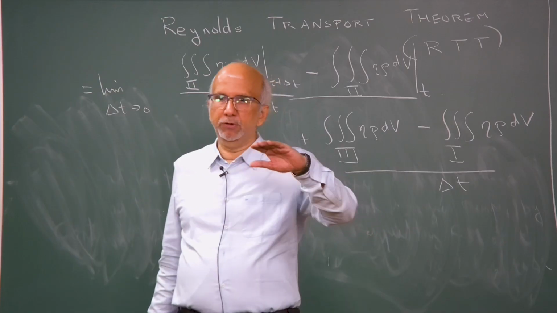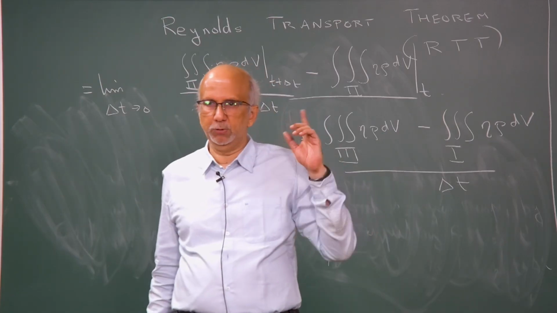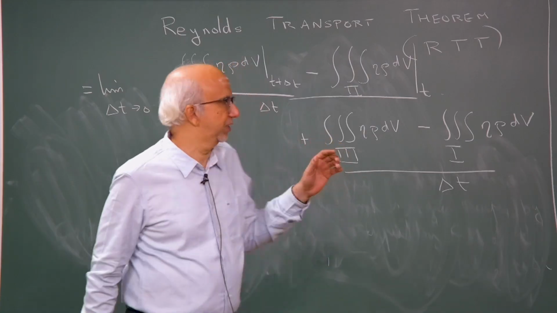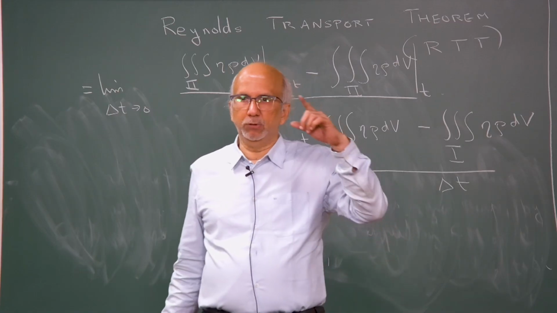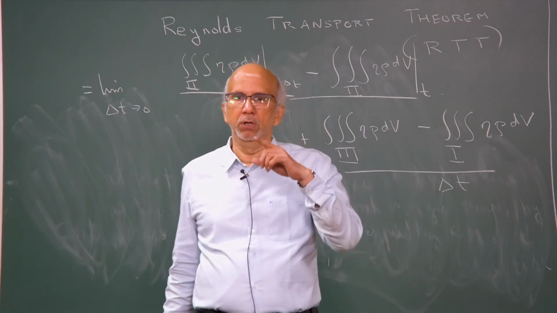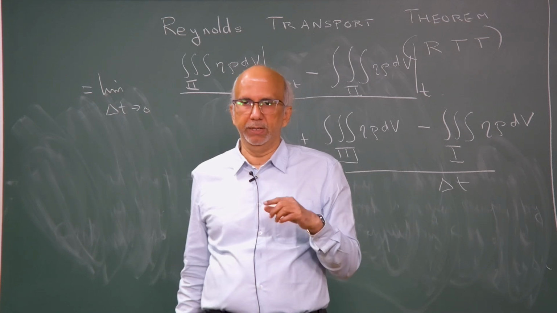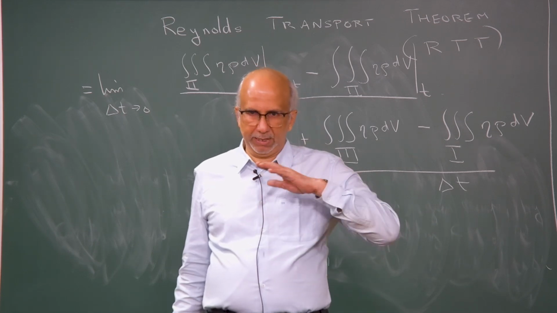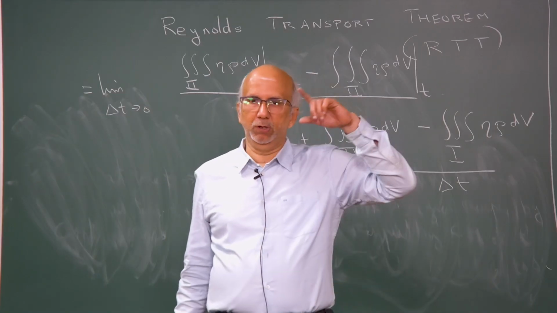In the limit of delta t tending to 0, we are calculating the first two terms in the limit of delta t tending to 0. The region 2 is going to coincide with my control volume. Region 2 as delta t tends to 0 will pretty much occupy my control volume.